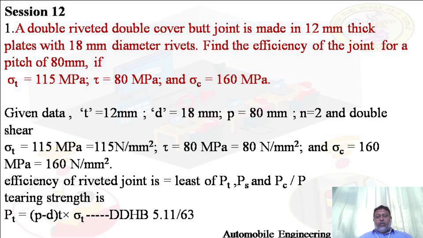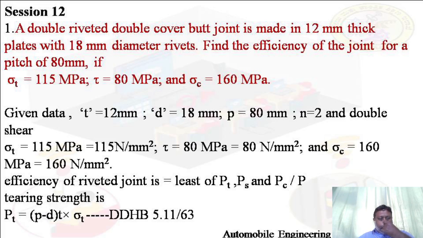Then compressive stress 160 megapascal, that is 160 Newton per mm square. We are asked to calculate the efficiency of the joint, that is given by the ratio of the least of the 3 strengths to the unriveted strength.